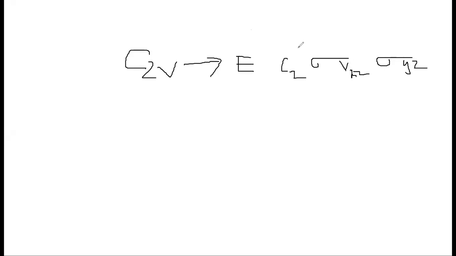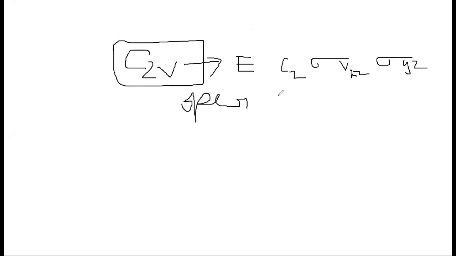So these are the 4 elements present in this particular point group, C2v. How many elements are there? 1, 2, 3, 4. And how many operations are there? Operations means the movement. The operations are also 4. So in this particular point group, there are 4 elements as well as 4 operations.